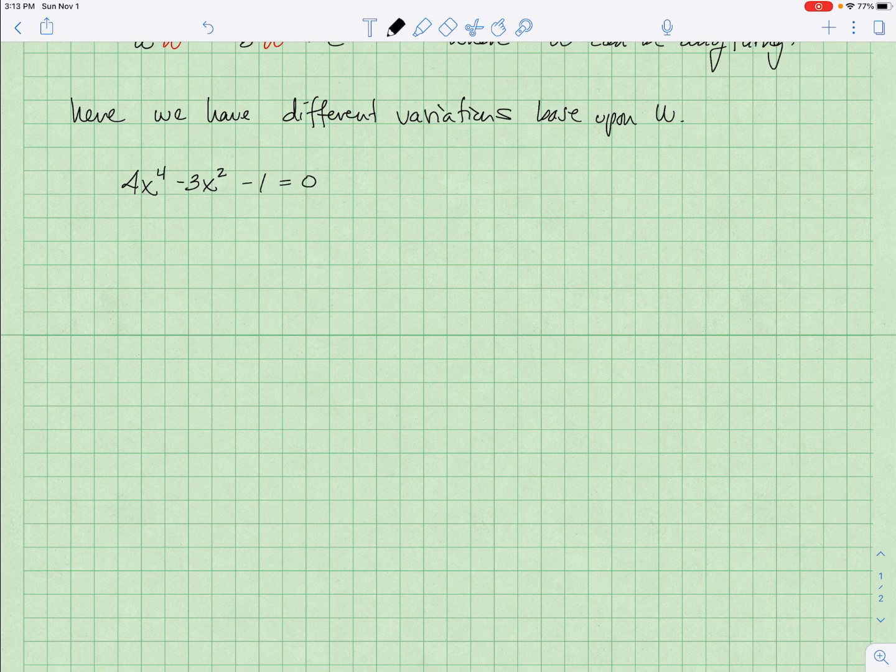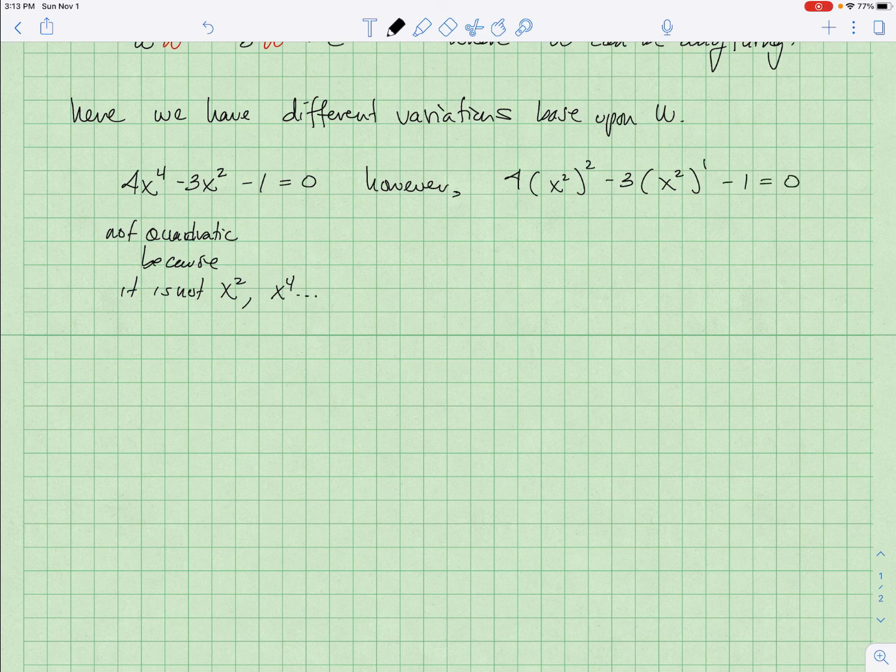Now, this is not quadratic because it is not x squared. It's x to the fourth. However, we can rewrite this as 4 times x squared squared minus 3 times x squared to the first power minus 1 equals 0.